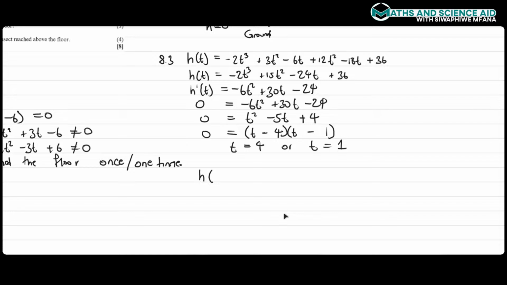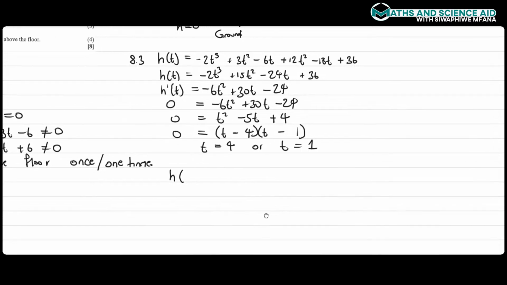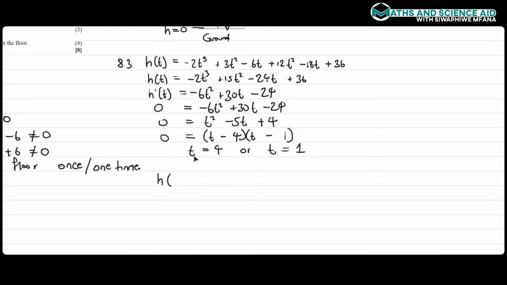So you need to do that and see which height here is going to be the biggest, and that will be your maximum height. Or alternatively, you can just work out, for example, the second derivative and sub in each of these points and see which one gives you a negative value, because if the second derivative is negative, it means that your function is concave downwards.